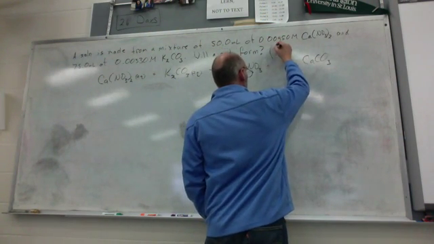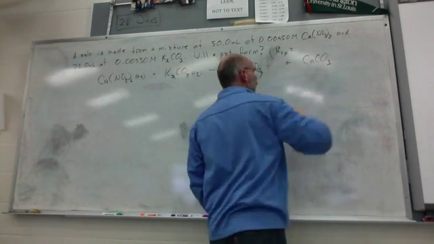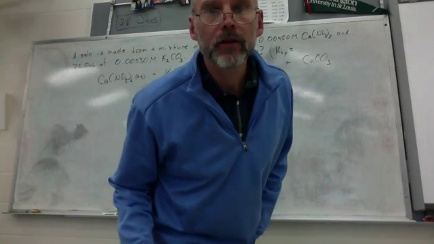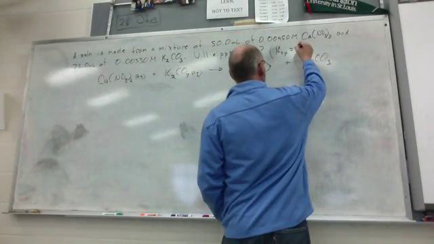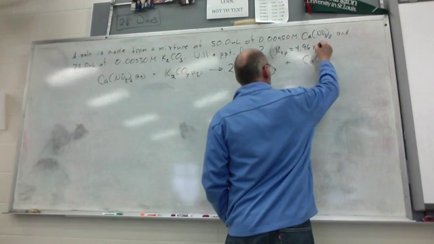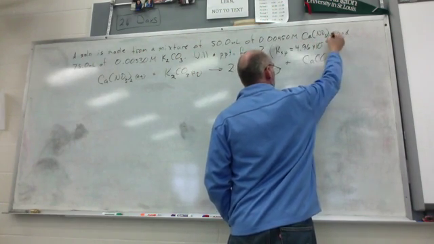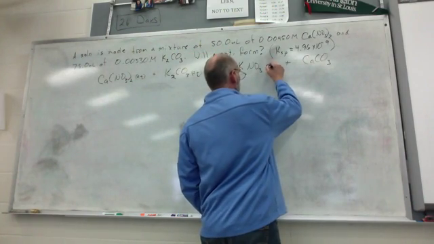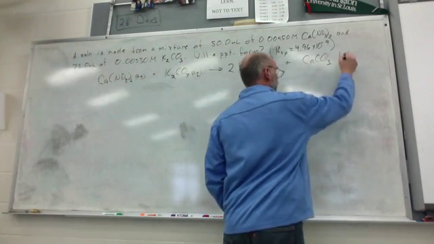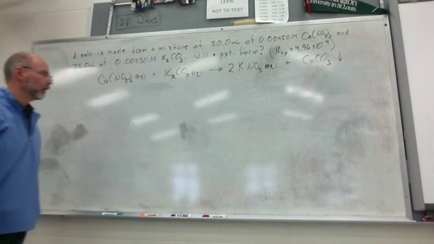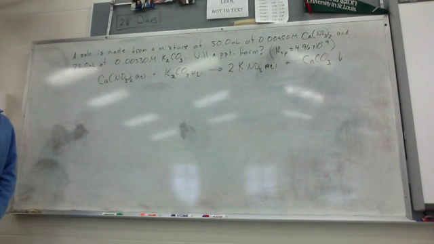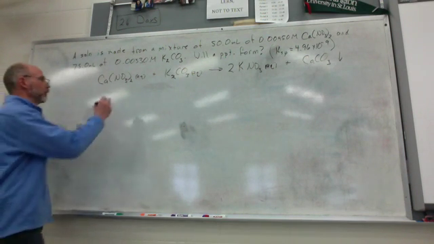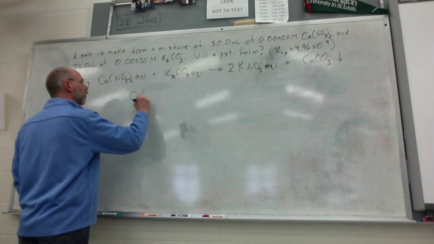So the Ksp for calcium carbonate is 4.96 times 10 to the negative 9th. Those of you that feel comfortable with what's going on, you can go ahead and jump in. Since it's the calcium carbonate that has a chance of precipitating, that's the equilibrium process that we have to concern ourselves with.